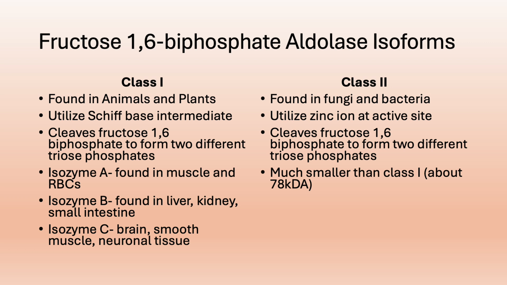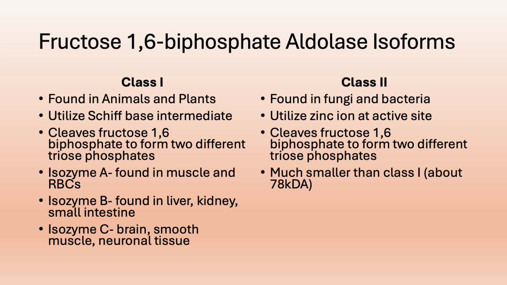Class 2 aldolases, on the other hand, are metalloenzymes, which utilize a zinc ion at their active site to facilitate that aldol condensation reaction to form triose phosphates in glycolysis, or to perform the opposite reaction in gluconeogenesis.